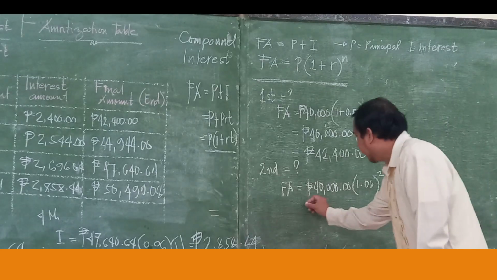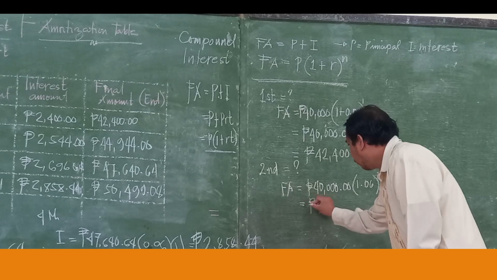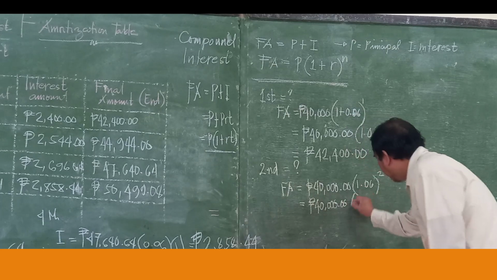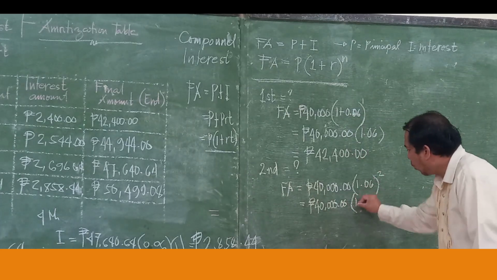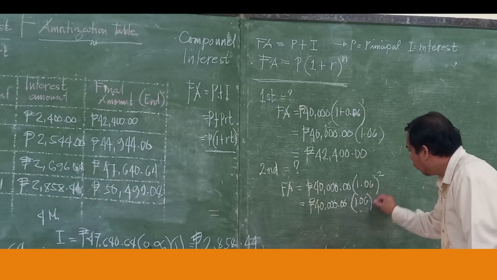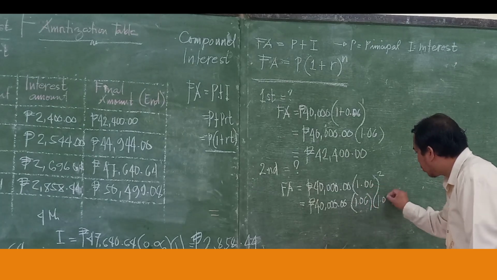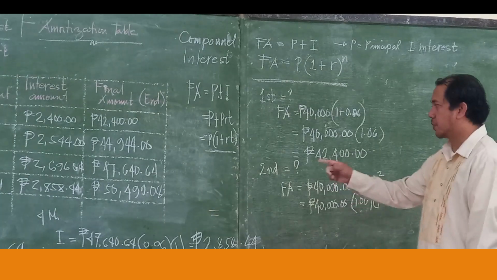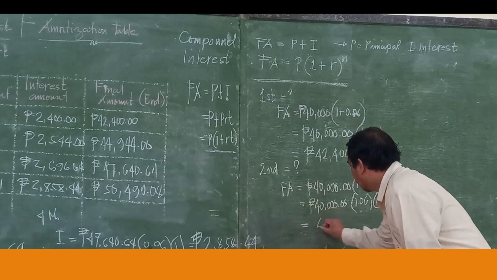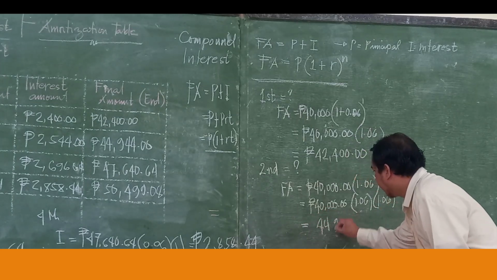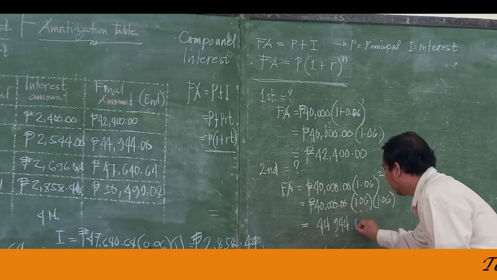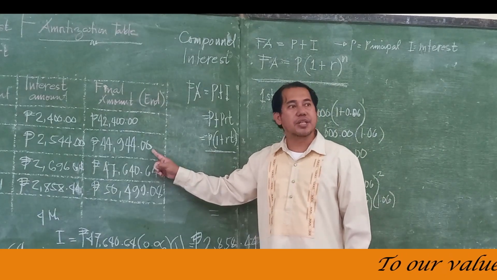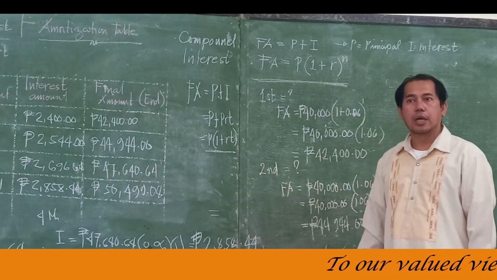That is the same as 40,000 pesos multiplied by 1.06 multiplied by 1.06, according to your exponent. How much? 44,944 pesos. Is it the same as in the second year? Yes, that is how to counter-check. Do you follow? Okay.